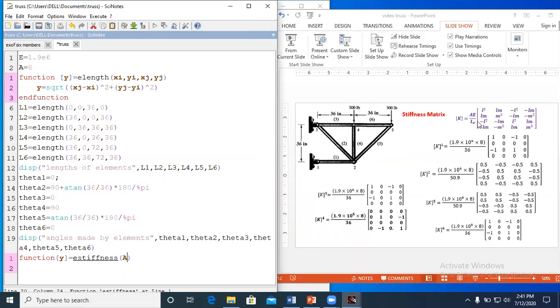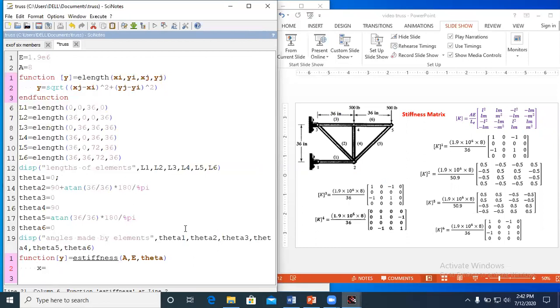This is AE by L into cos theta square, cos theta sin theta. So the first argument we need is A, next is E, next I will write theta, because on the basis of the value of theta we are going to calculate the cos and sin. Now first calculate the cos. We need to convert the angles from degrees to radians.